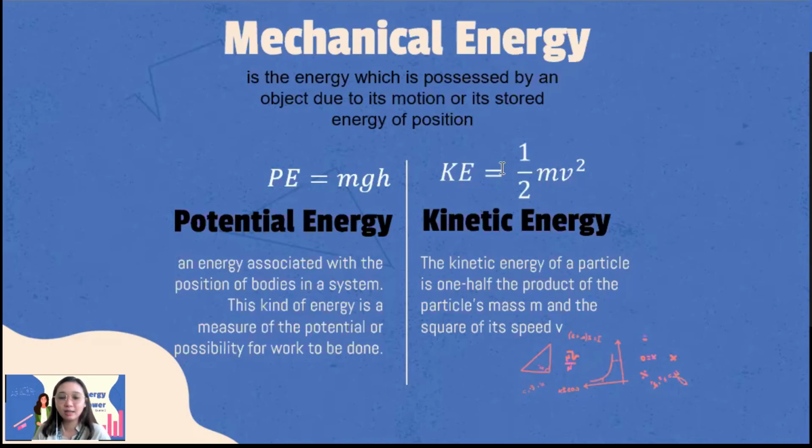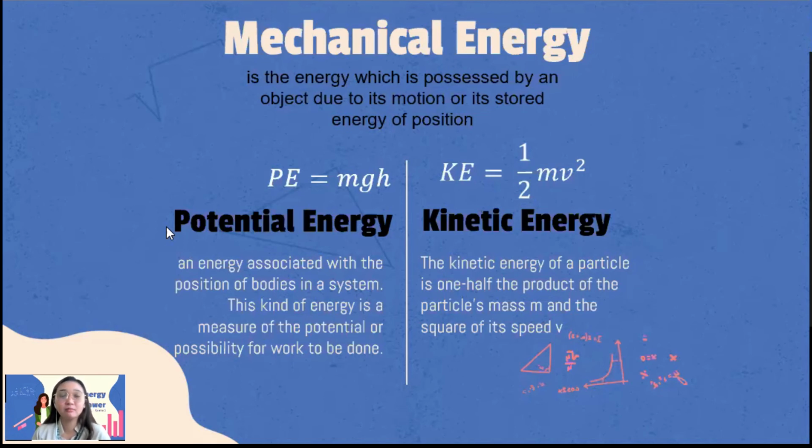So when the speed of the object increases, we get a value of kinetic energy. Specifically, gravitational potential energy is equal to mass times acceleration due to gravity times the height. Okay?